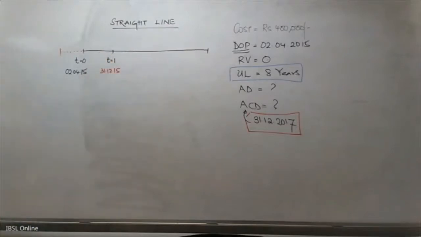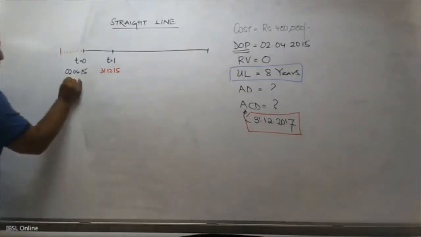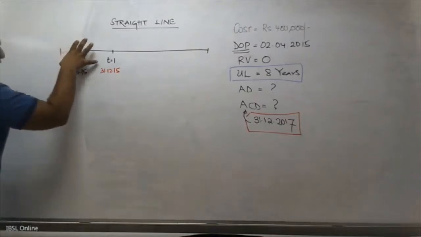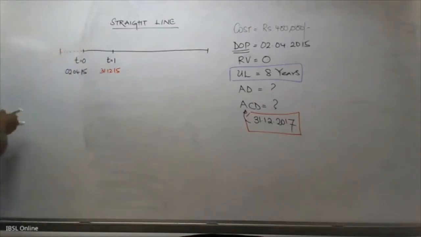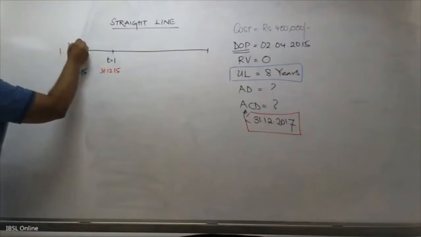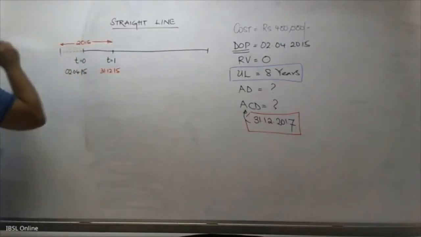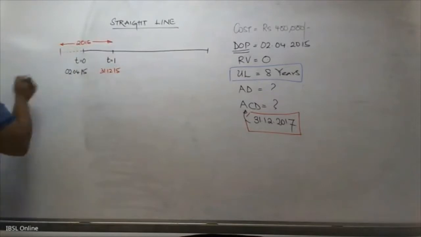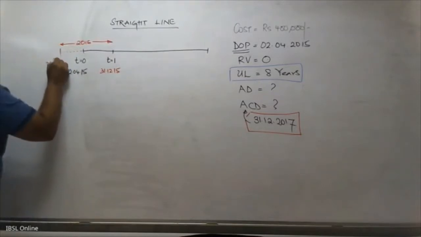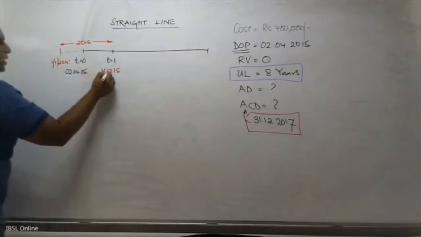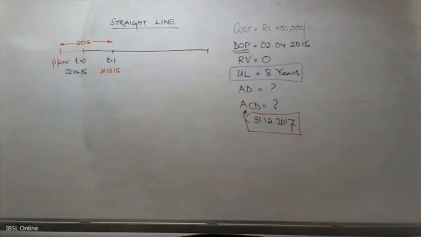Do you all understand that? This asset is purchased during the financial year of 2015. This is the entire 2015, which is from 1/1/2015 to 31/12/2015.